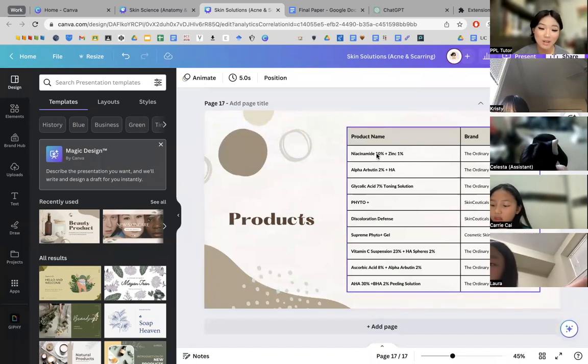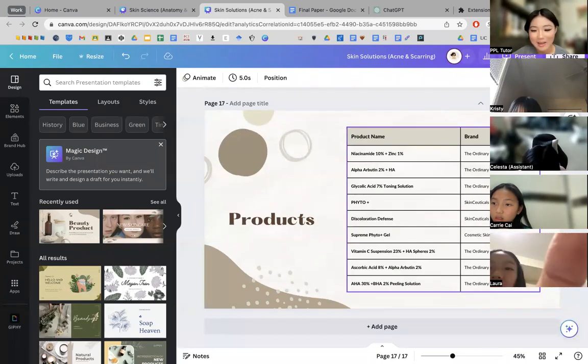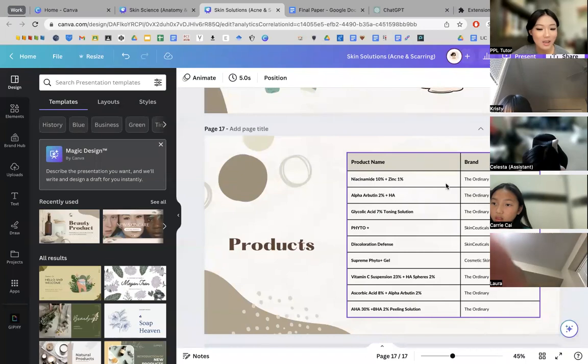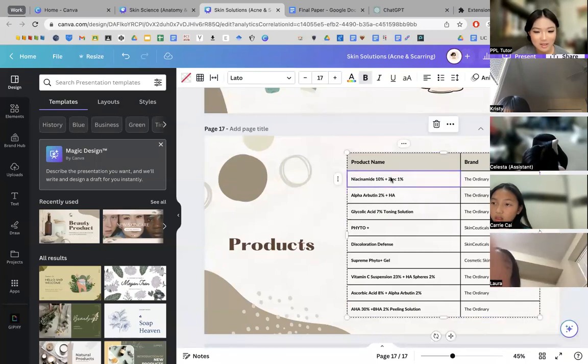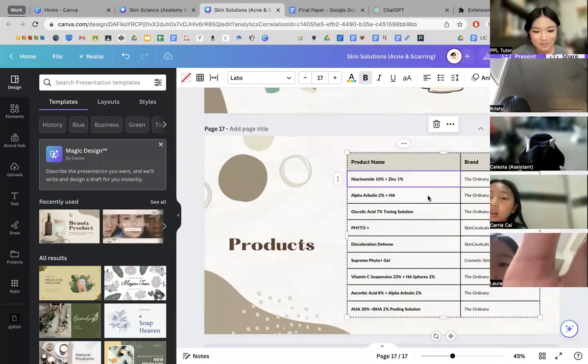And The Ordinary is incredibly affordable, so you can never run out of The Ordinary. I think this is like $4 and then this is like $15. It's great. So I have a lot of The Ordinary, and this serum specifically, the niacinamide and zinc, the consistency is incredible. Definitely it feels much more high end than it actually is.